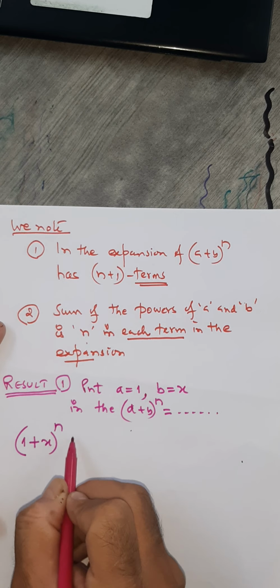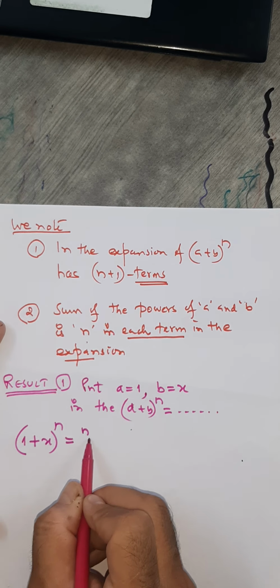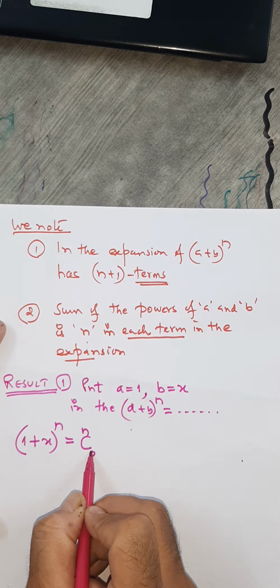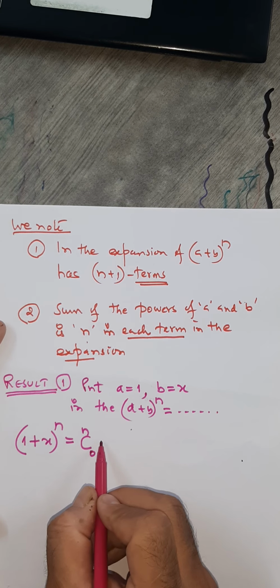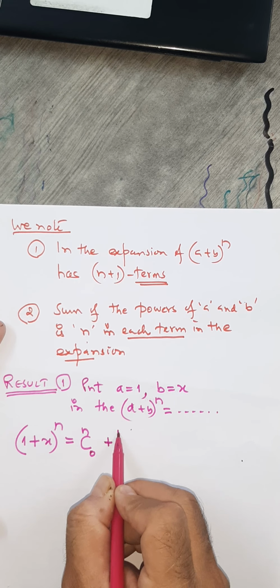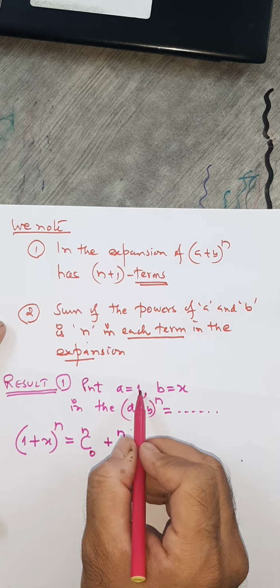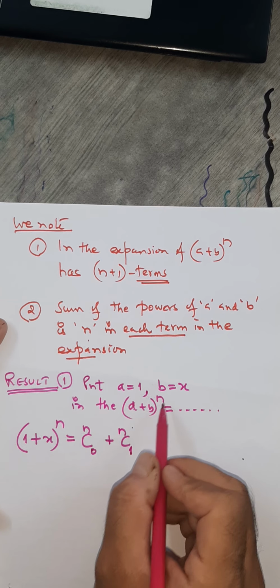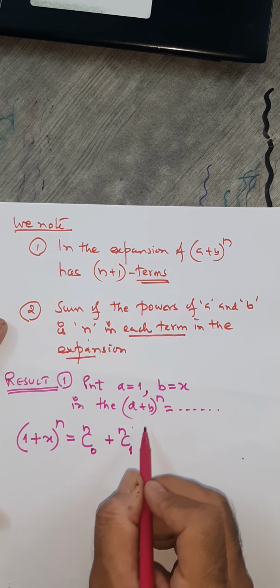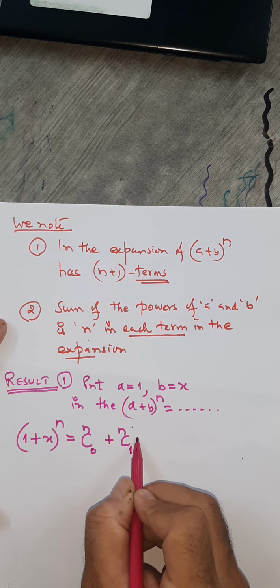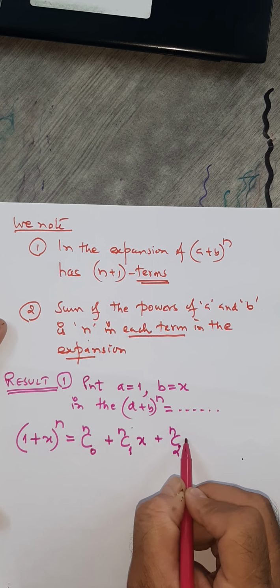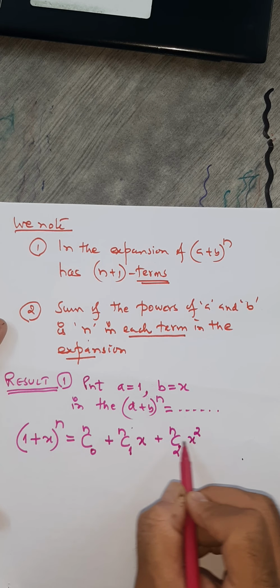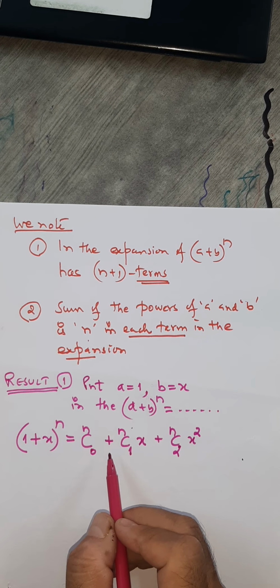(1 plus x) whole raised to n equals, it starts from nc0. Now a raised to n, a is 1 here, 1 raised to n is just 1, remember, plus nc1 a raised to n minus 1, a is 1, remember, but now b is x, so b, plus nc2 into x squared. b will increase, a is every time 1, just place the value, you realize, right?